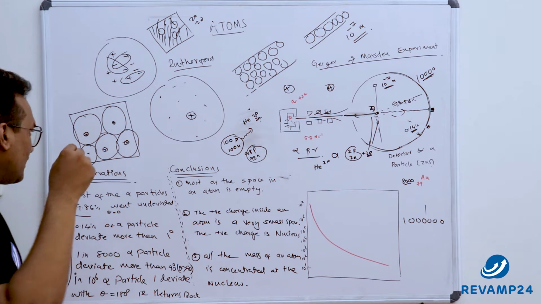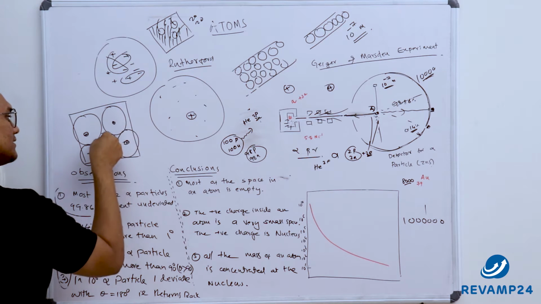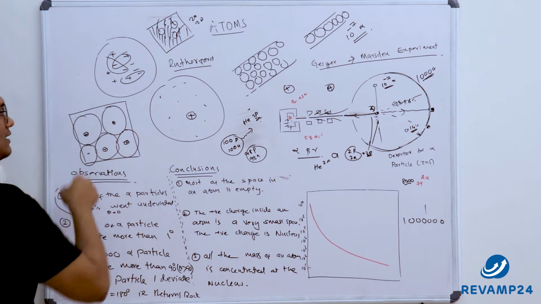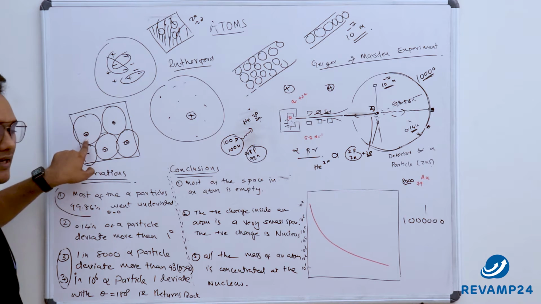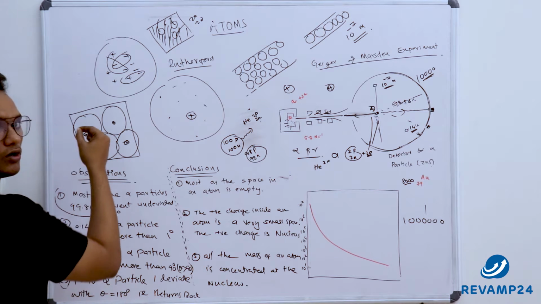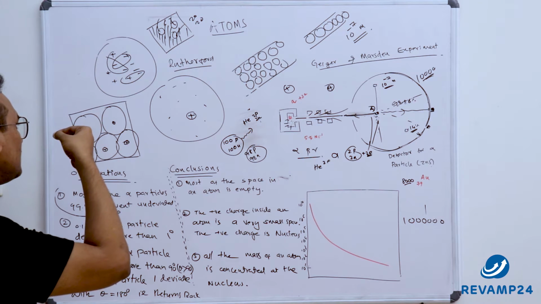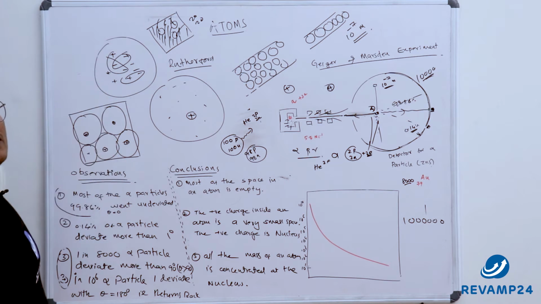Now alpha particles, see, the alpha particle will go through these empty spaces. These are empty spaces. The whole thing is an atom and it has a positive charge inside. So only when the alpha particle goes with a head-on collision, that is when the alpha particle goes very close to the positive charges, then only will it deviate.